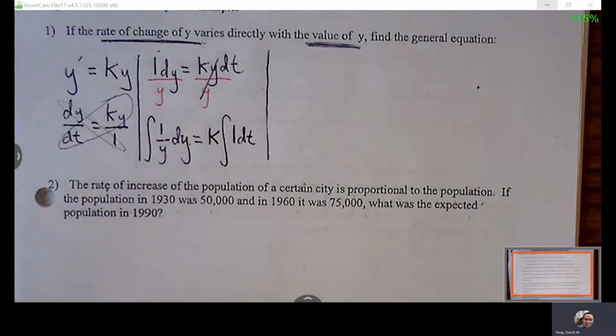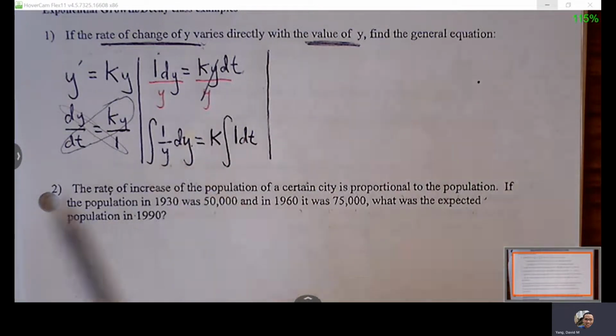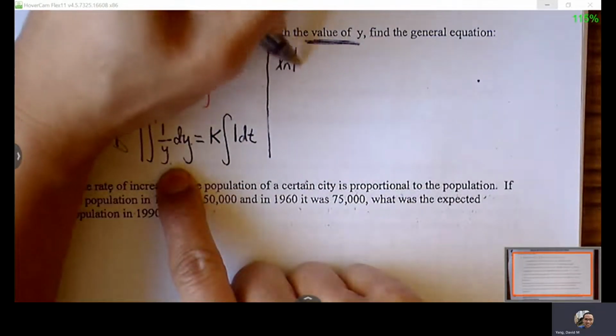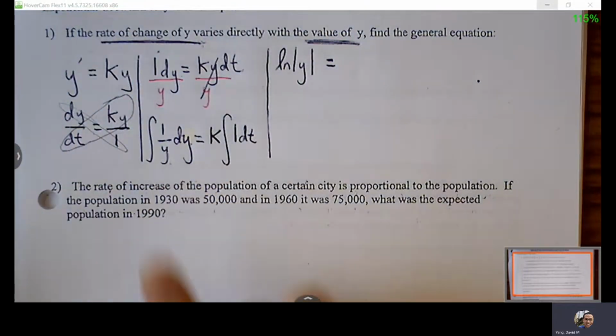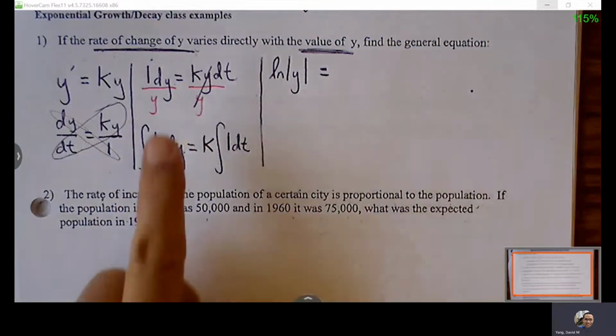Okay, so everything is separated, everything is ready for our antiderivative rule. What does the integral of 1 over y turn into? Yep, natural log absolute value of y. There's a plus c, but we're going to save that plus c to show up on the right side. Okay, the k is just going to tag along to whatever the integral is.